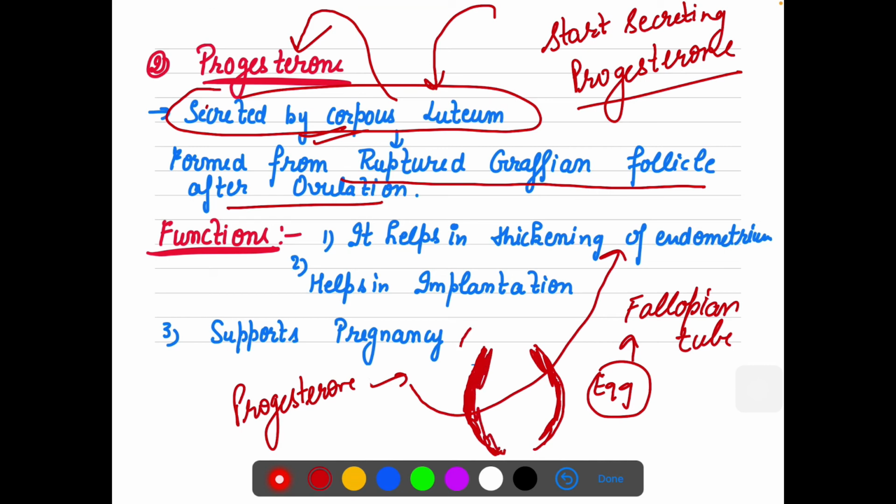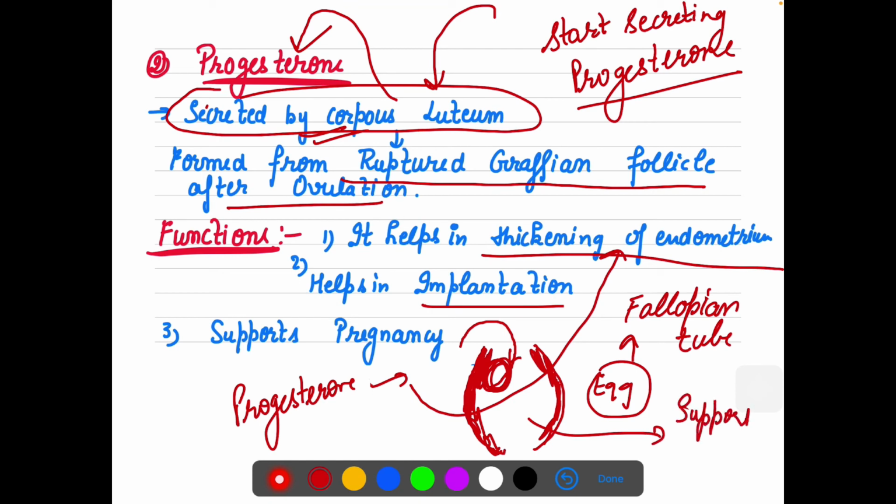Then it will help the growing embryo to attach to the wall, which is known as implantation. So progesterone helps in thickening of endometrium as well as in the implantation. It means it is supporting pregnancy. So that is why progesterone is also known as pregnancy hormone.